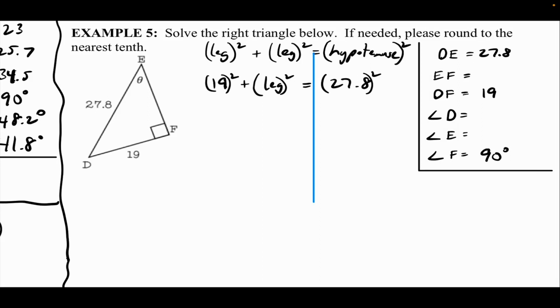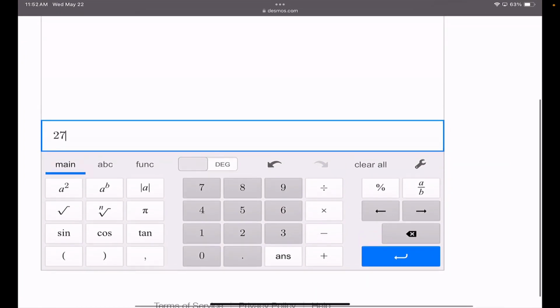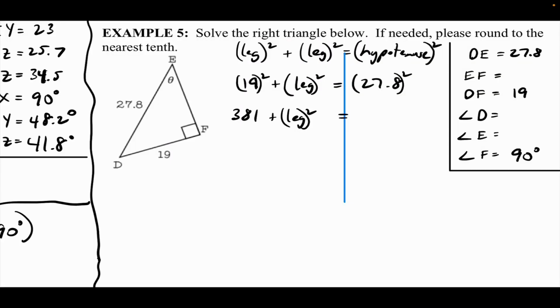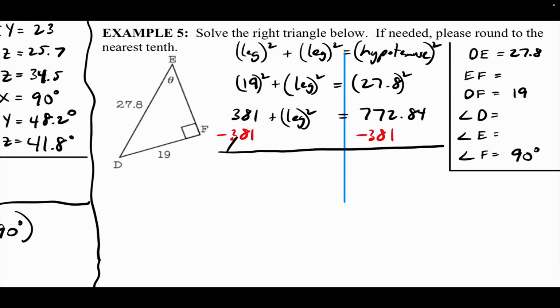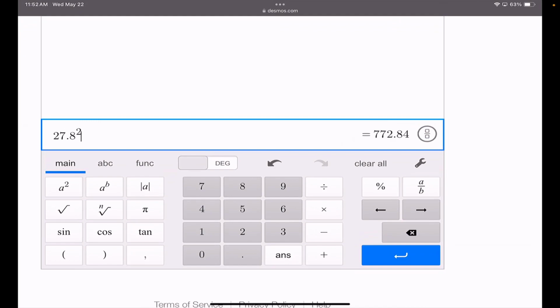Nineteen times 19 is 381. 27.8 squared. 772.84. Subtract 381. 19 squared is 361.